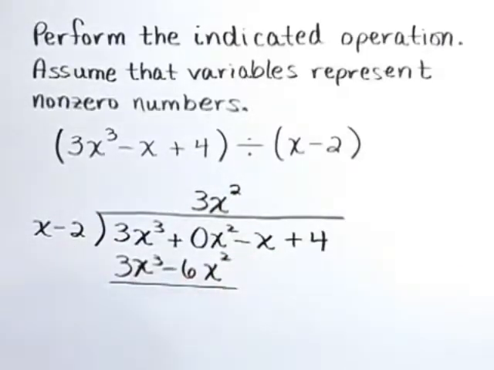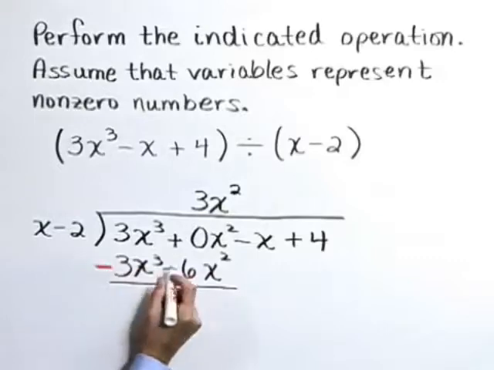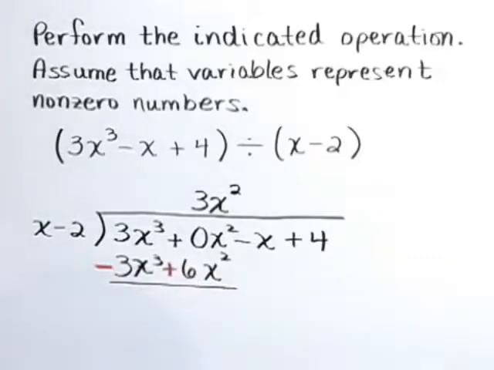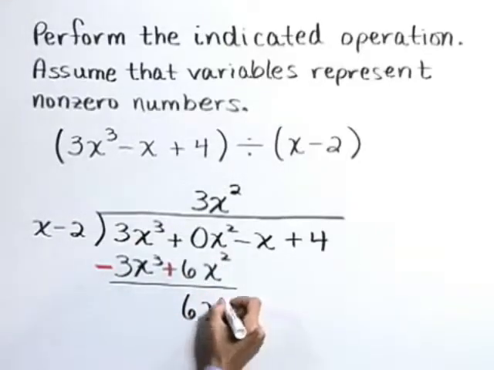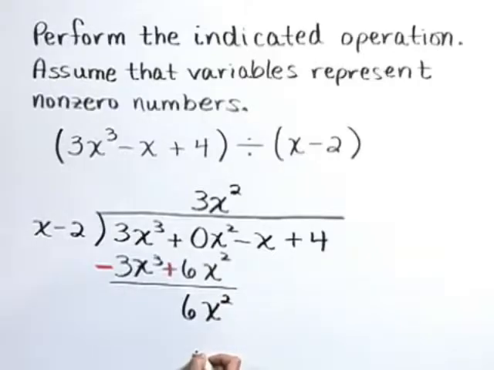At this point, we'll subtract, and I like to do that by adding the opposite or changing signs and adding. So in our first column, 3x to the third plus a negative 3x to the third cancels. In our second column, 0x squared plus 6x squared is 6x squared.